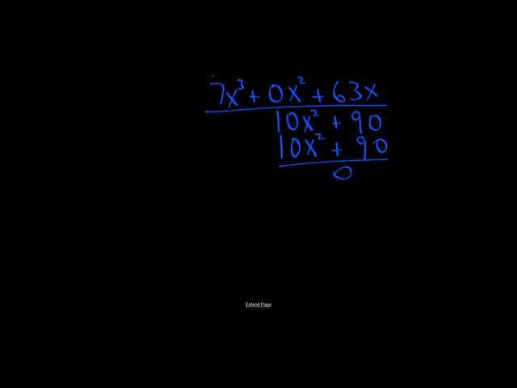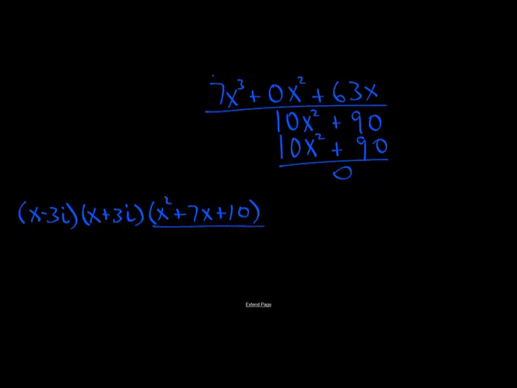Let me go down here a little bit. I've got x minus 3i, x plus 3i, and then x squared plus 7x plus 10, I believe it was.